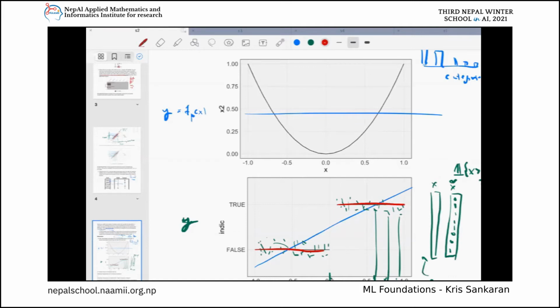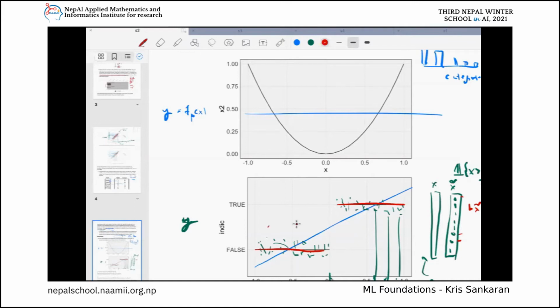Right. How is it that we're able to make this sort of prediction now? Well, think about what it means to do something like b times x tilde. For any value of x that's less than 0, it stays 0, because for those entries, all the x tildes are 0 whenever x is less than 0.